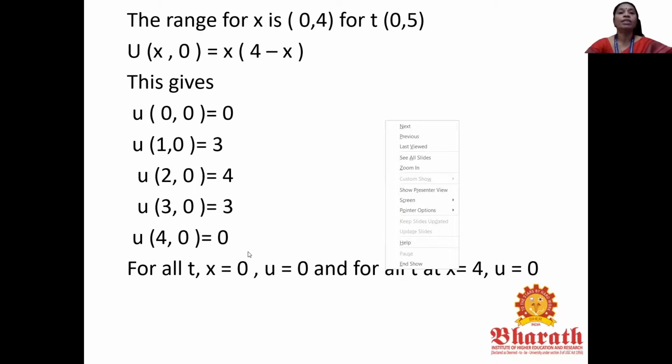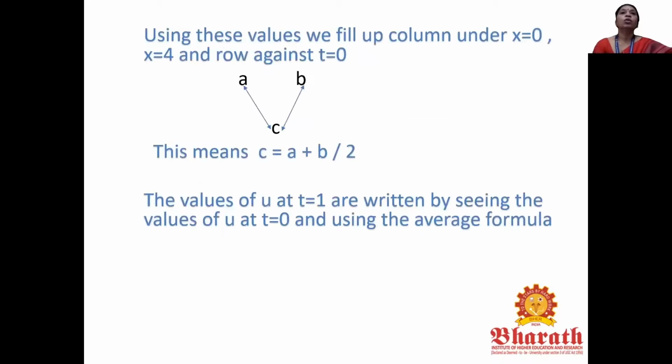So for all t, at x equal to 0 and at x is equal to 4, u is equal to 0. So that's how you are forming the previous table. So using these values, we fill the column at x is equal to 4 and the row against t is equal to 0. That is a comma b.